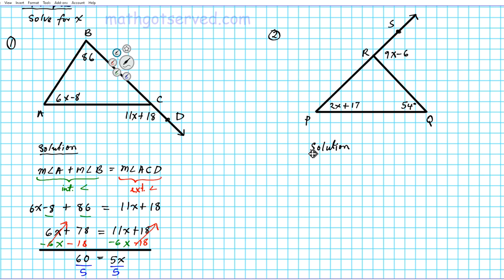So to do this, let's go ahead and relate the angle measures using the exterior angle theorem. Again, the interior opposite angles, measure of angle P plus the measure of angle Q, is equal to the exterior angle, which is the measure of angle QRS. All right, so P and Q are the interior angles.